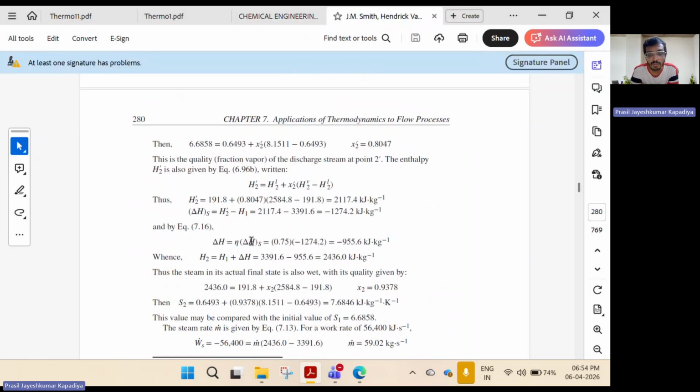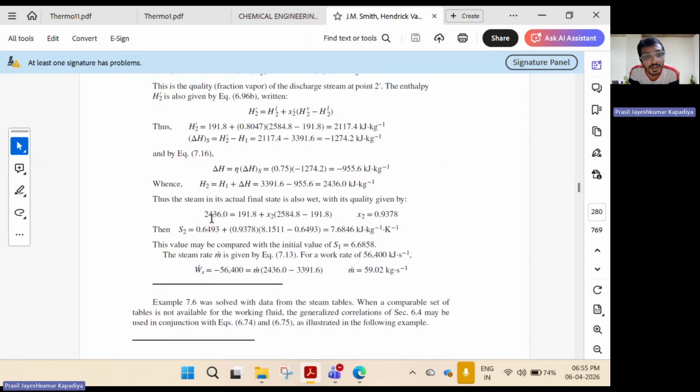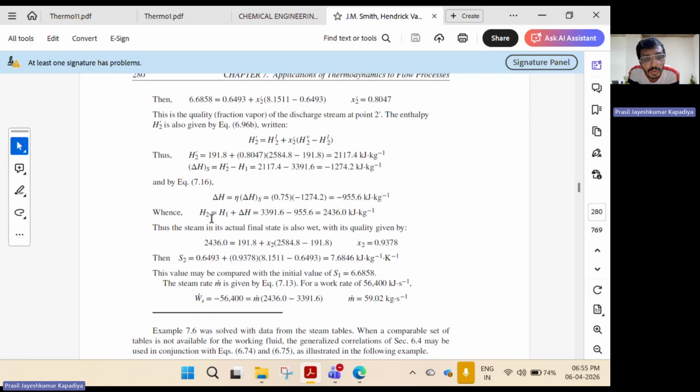I have delta Hs. So delta H is equal to eta into delta Hs. Eta is given, it operates at 75%. So 0.75 times this negative number, minus 955.6, gives my delta H. Delta H is H2 minus H1, H1 we know, so H2 is equal to 2436.0 kJ/kg.